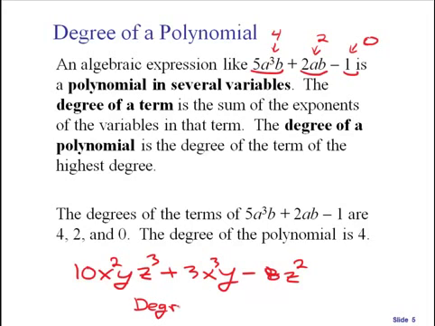The degree would be 6. Why is it 6? Well, this first term has a 3, a little hidden 1, and a 2. Put those all together, that's a total of 6. This term has a total of 4, and this term has a total of 2.